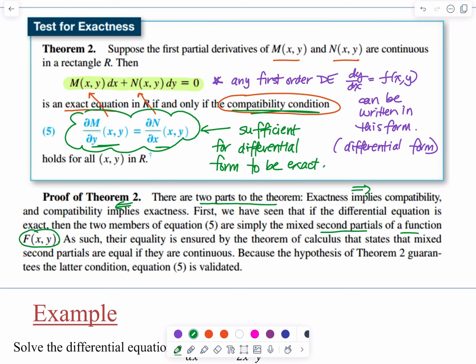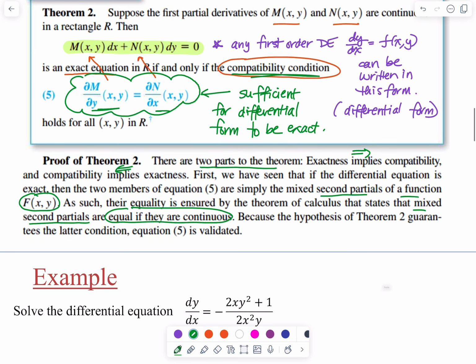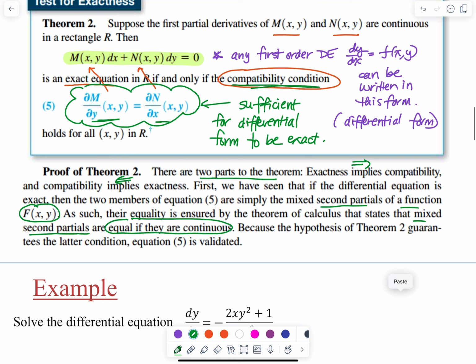Their equality is ensured by the theorem of calculus that states mixed second partials are equal if they are continuous. Okay, so that is what guarantees this condition and validates this equation.